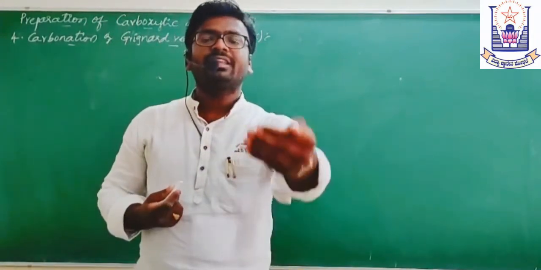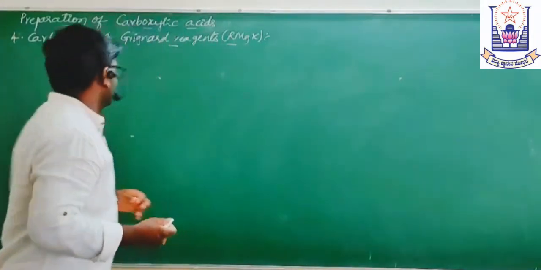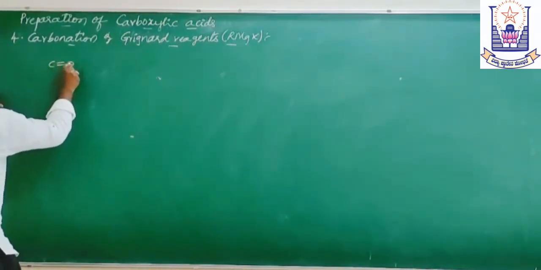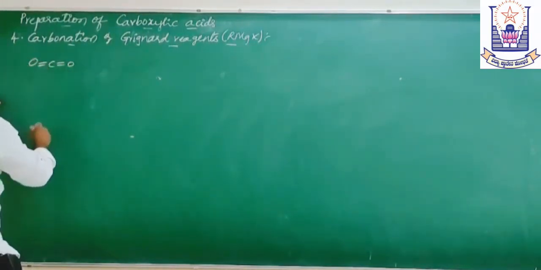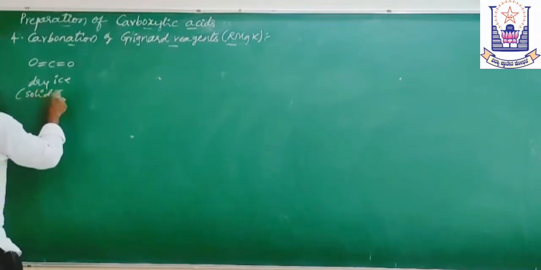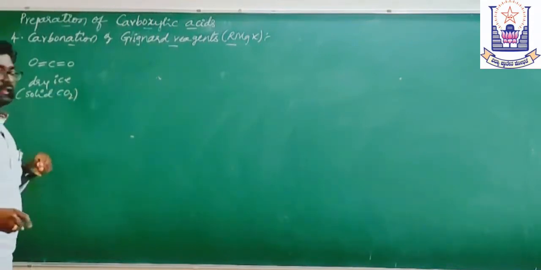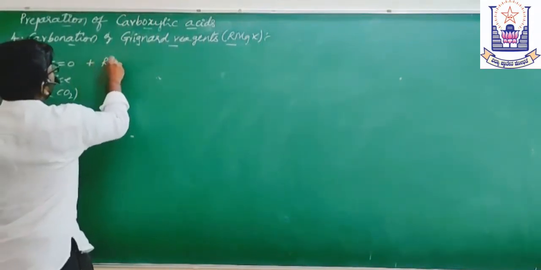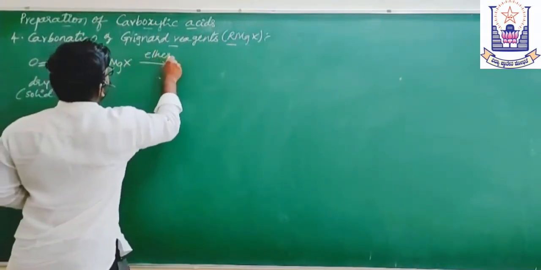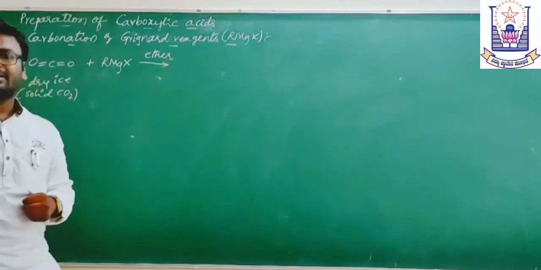The solid form of carbon dioxide, C double bond O. Dry ice is nothing but solid carbon dioxide. It is treated with a Grignard reagent in the presence of ether as the medium or solvent.